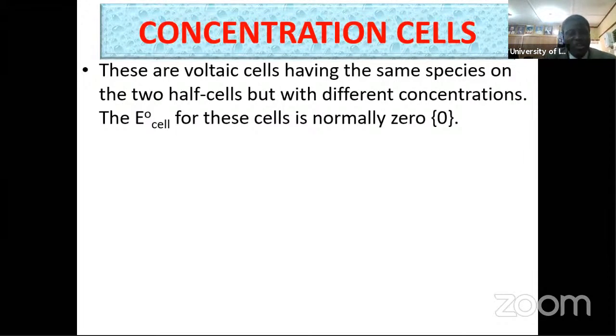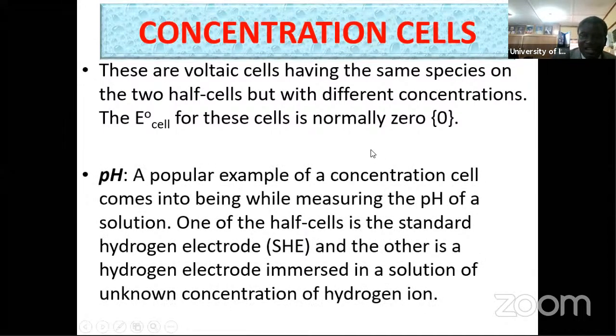So that means the E naught of concentration cells will normally be equal to 0, because your half oxidation reaction is going to be the opposite of your half reduction reaction. So when you combine, your answer will always be equal to 0.